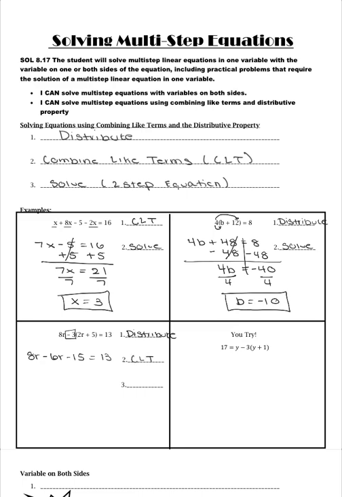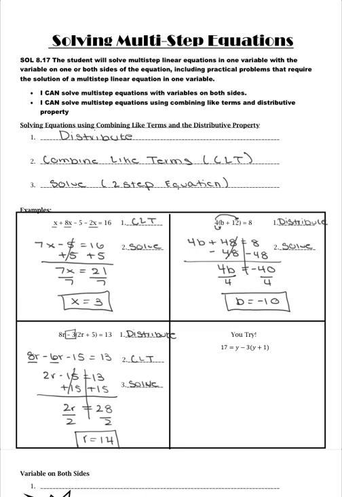I have 8r minus 6r, which gives me 2r minus 15 equals 13. I'm going to add 15 to both sides. 13 plus 15 gives me 28. And I have 2r. Divide both sides by 2, and r is equal to 14. So my third and final step was to solve.